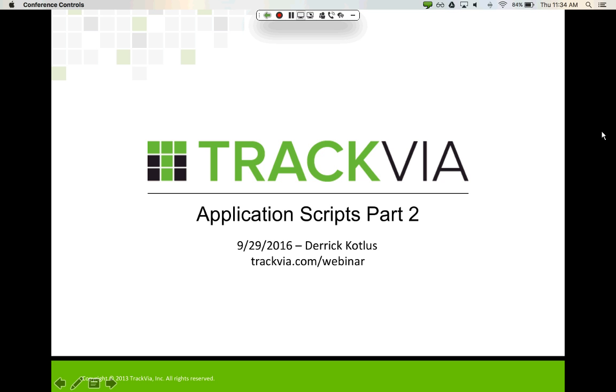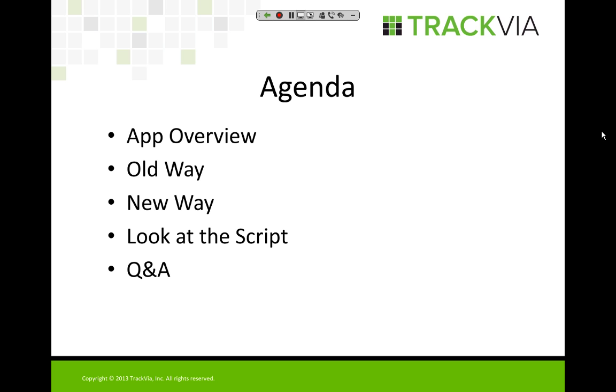Now, just to set the stage for what we'll be talking about today. The first thing that we're going to do is take a look at the application that I set up in TrackVia to demo this use case, just to give you the lay of the land and what you'll be looking at in TrackVia.